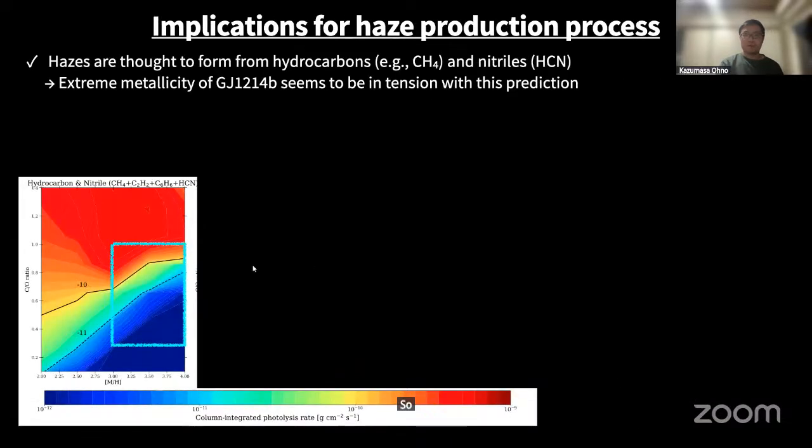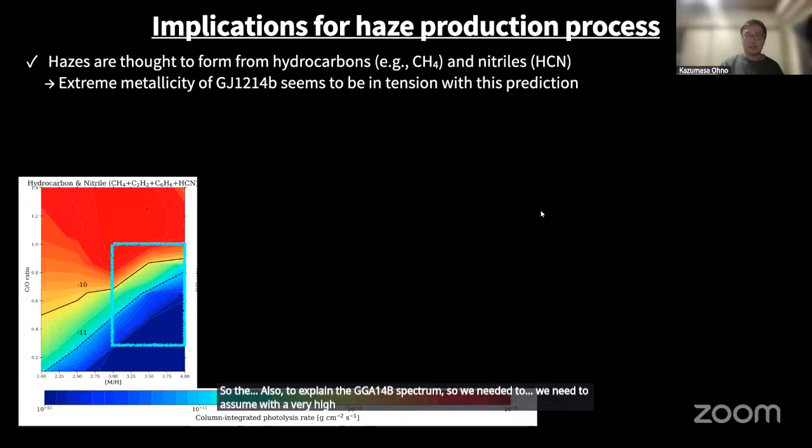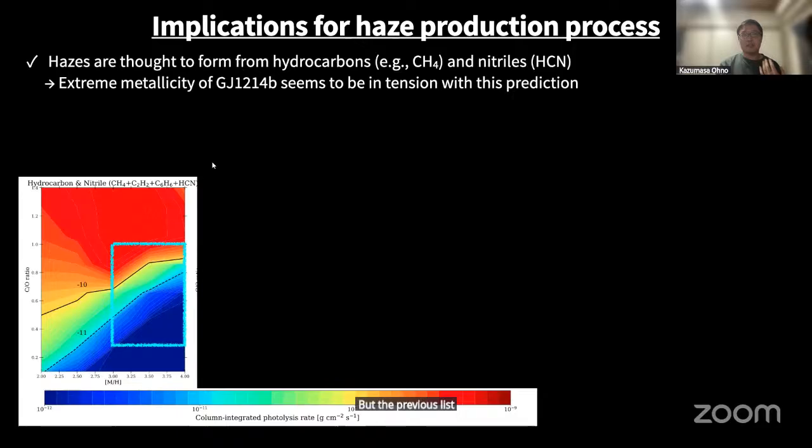Also, to explain the GJ 1214b spectrum, we need to assume a very high haze production rate. Previous studies speculated that the main ingredients of the photochemical hazes are hydrocarbons and nitriles like methane and HCN.